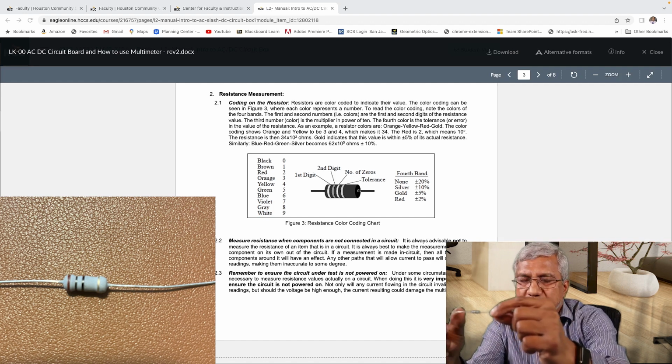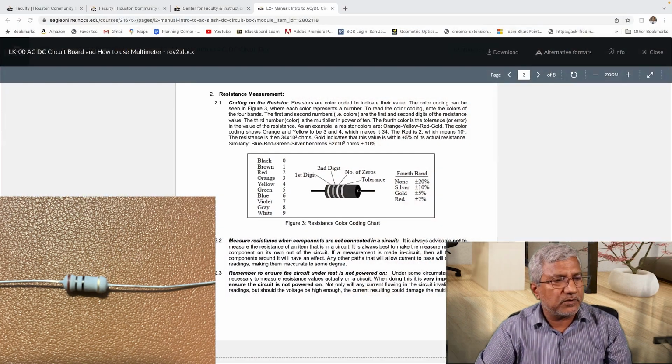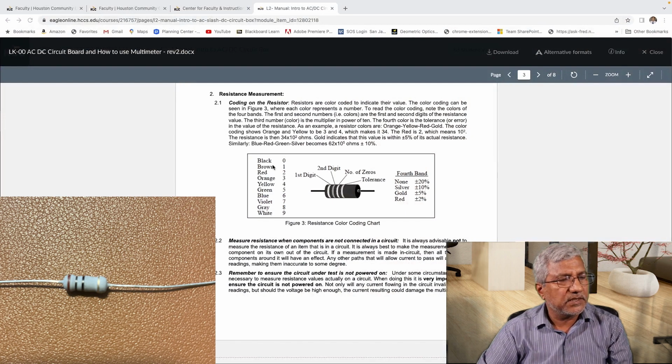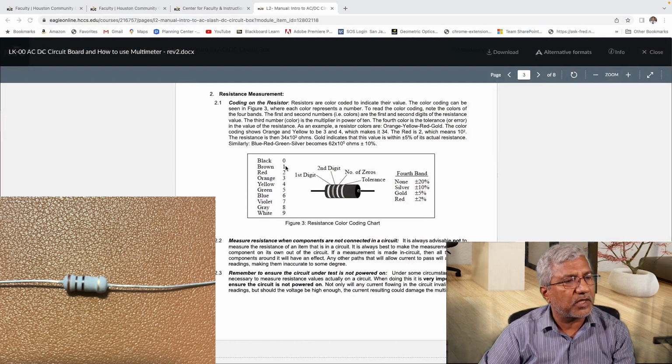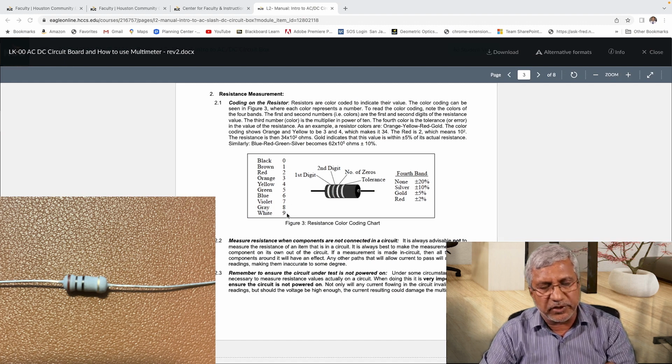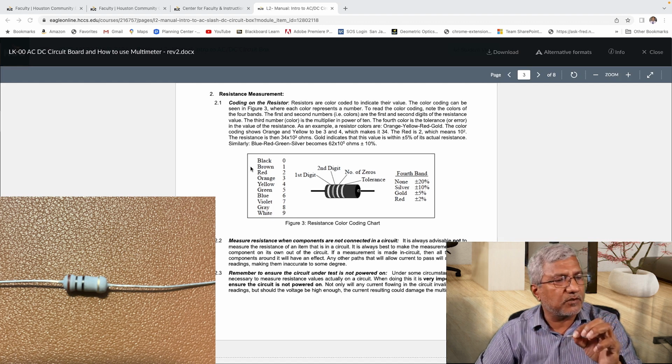To figure out the value of the resistance, you have to have this chart that you've been given in the manual. When you look at the chart, you see that each color is represented by a number. Black is 0, brown is 1, and so on down the line. The first color is brown, so that's the number 1.